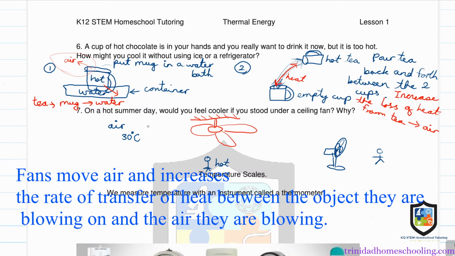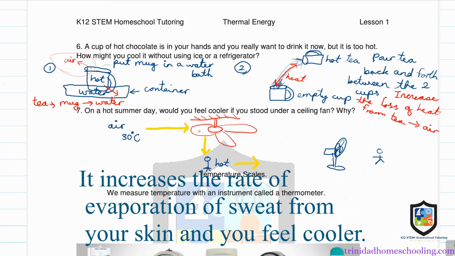So this fan here pulls this hot air onto you, but it also blows that heat from you away. So if you are sweating, it would increase the rate of evaporation of your sweat from your skin and you feel cooler.